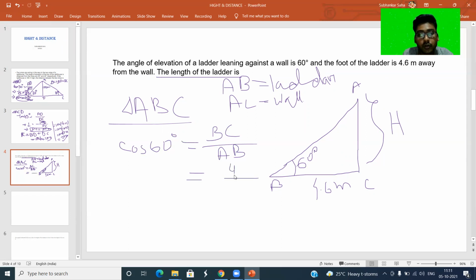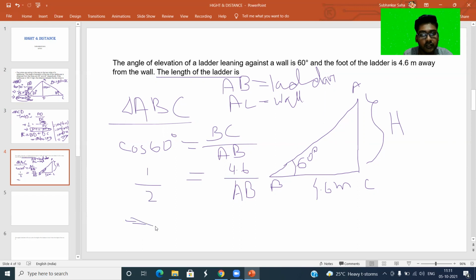BC is 4.6 meter, and we need to find the AB distance, which is the hypotenuse of the triangle. Cos 60 degree value, what is the cos 60 degree value? Cos 60 degree value is half, 1/2.